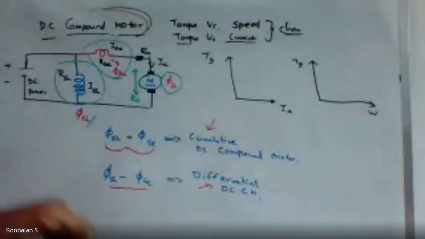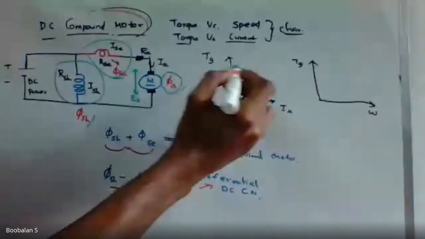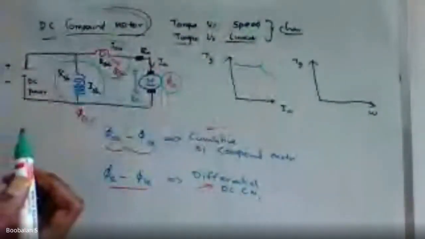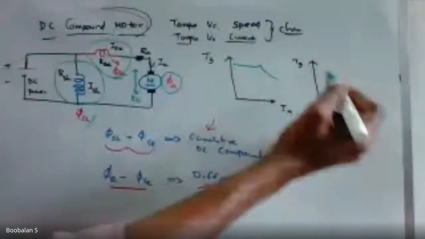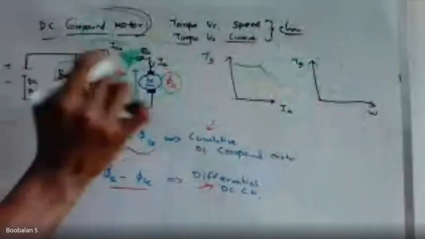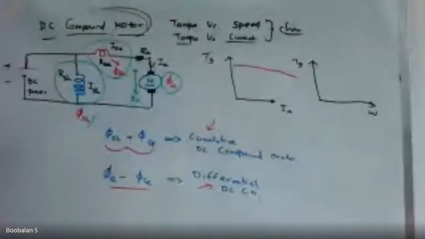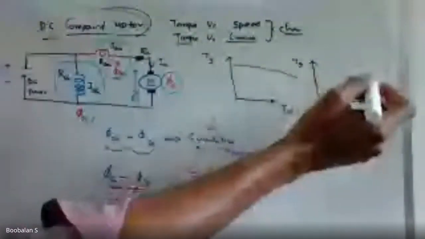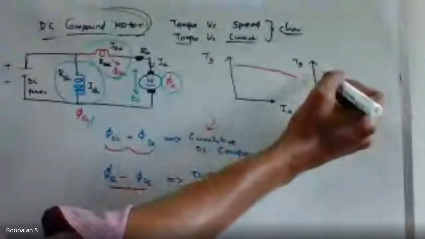If you watch carefully, you will have noticed how it was in my shunt motor: for a particular operating point the torque is maintained constant, and after that it drops, right? The speed will also look like this. So what we are going to do now is this motor is a combination of two things. There is a gradual drop instead of sudden changes, right? In the shunt motor the speed gradually increases and then is constant, but here it is going to gradually decrease, right?